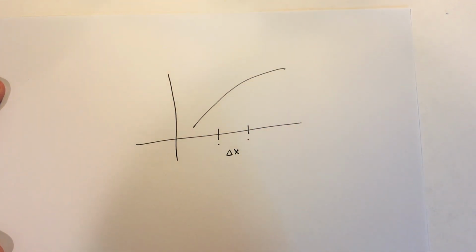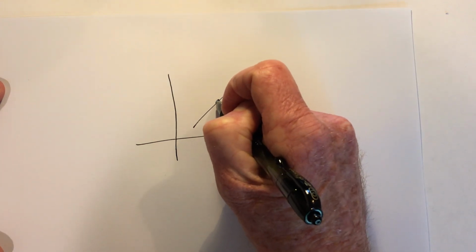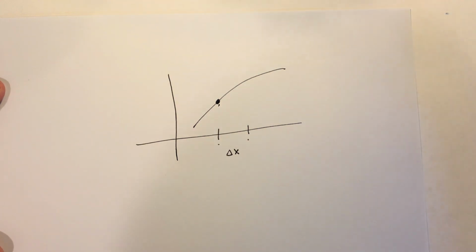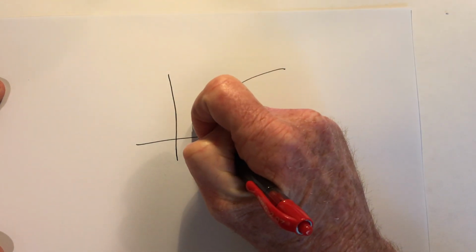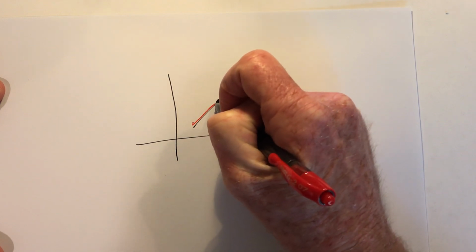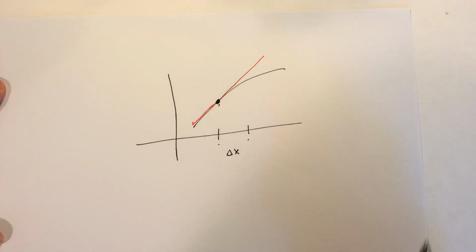How much did x change? And then you go up to the function, and if this is where we're finding the derivative, then you could make a tangent line right there, and the tangent line would look like this. Trying to draw a nice straight line.